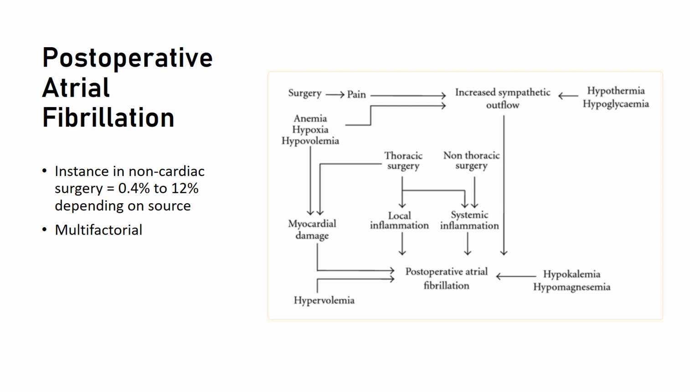Inflammation related to surgery in general can also kick this off and contribute. And it's very complex in how atrial fibrillation comes about, but all of these definitely contribute to the relatively high rate of AFib after surgery.